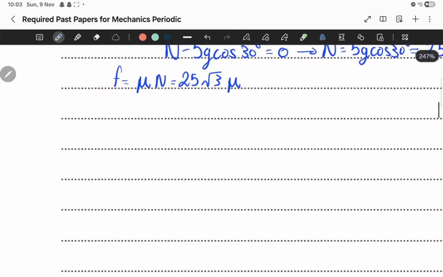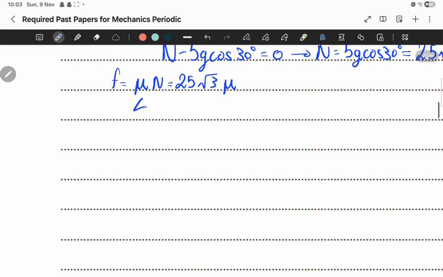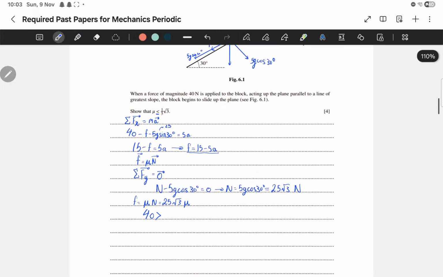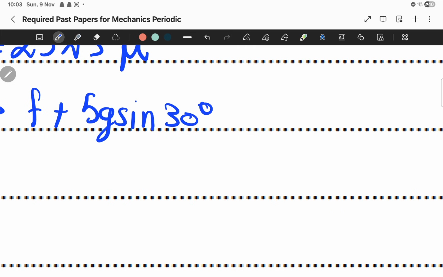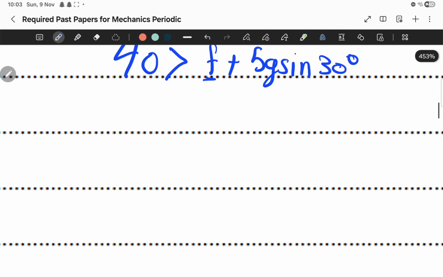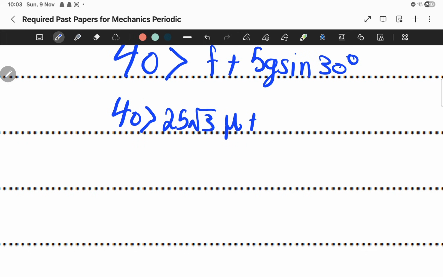Now, we can write this in easier terms. We can say 40 is greater than F plus 5g sine 30. Now you can rearrange this because you already have F. 40 is greater than 25 radical 3 mu plus 5g sine 30 degrees.